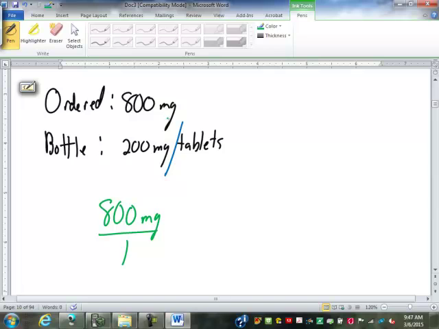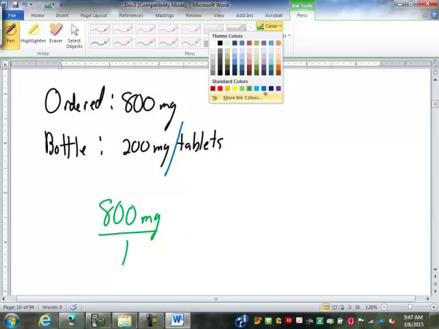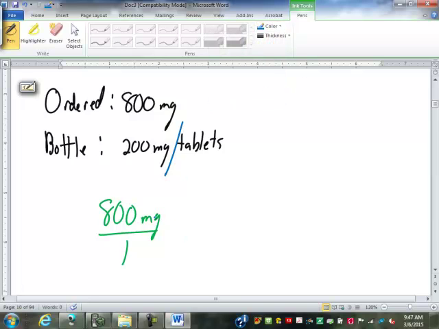We want to figure out what to give to our patient. So we're going to get rid of the milligrams. And since what we're going to give to the patient is tablets, we're going to put tablets up here. The reason the milligrams went on bottom is now in our fractions, when we multiply, they can be cross-canceled.